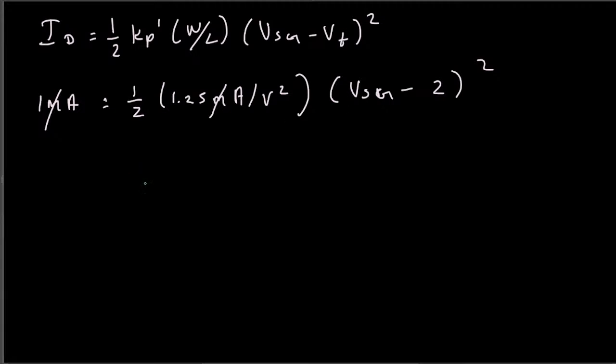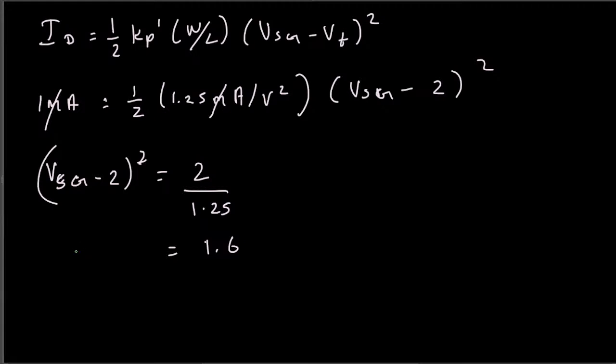If we rearrange this in terms of (VSG minus 2) whole square on one side, and bring the half to the other side, that becomes a 2, and then 1.25 will be dividing. So 2 divided by 1.25 comes out to be 1.6.